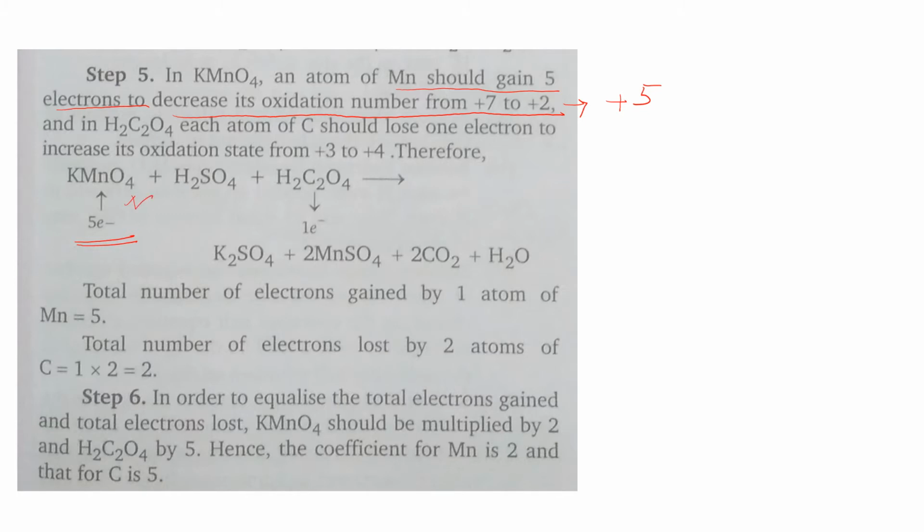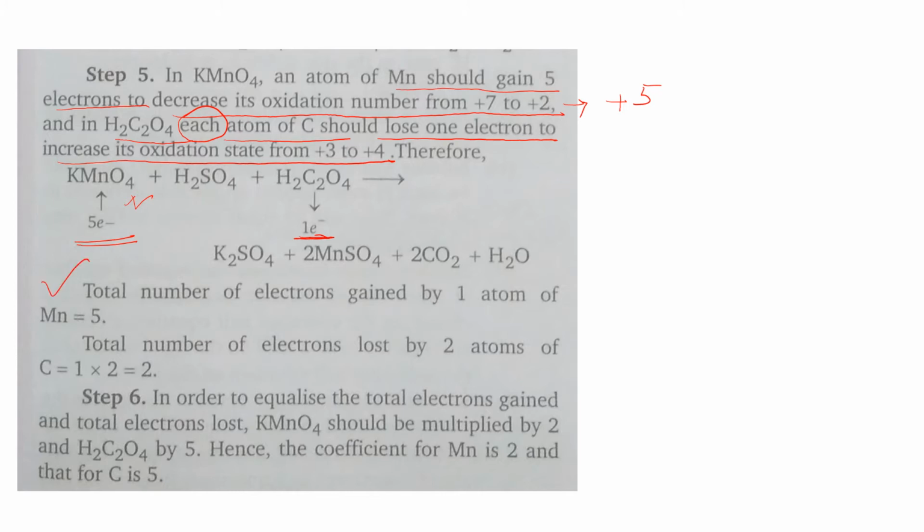But in H2C2O4, and this is very important, each carbon atom should lose 1 electron to increase its oxidation number from +3 to +4. As we have seen, it is going from +3 to +4, so 1 atom of carbon loses 1 electron. Here I am having 2 atoms of carbon.